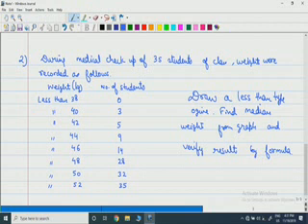Are you getting the same answer with the graph also, Itanagar, Shillong, Tamenglong?